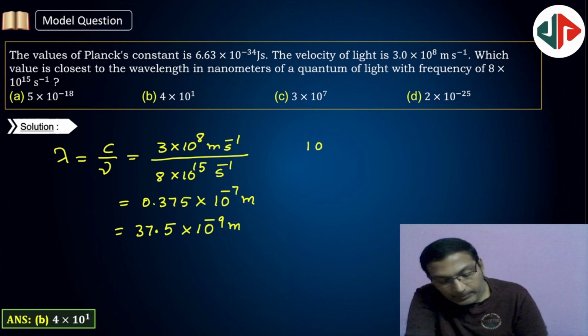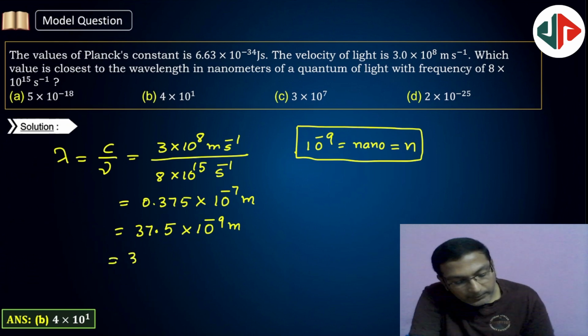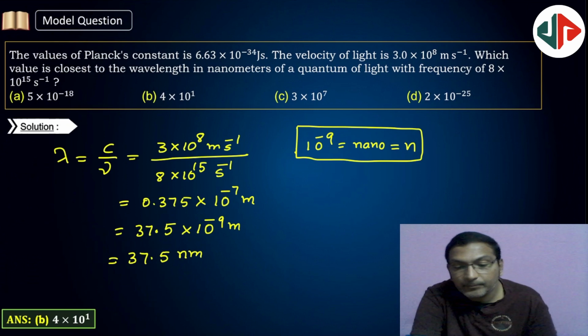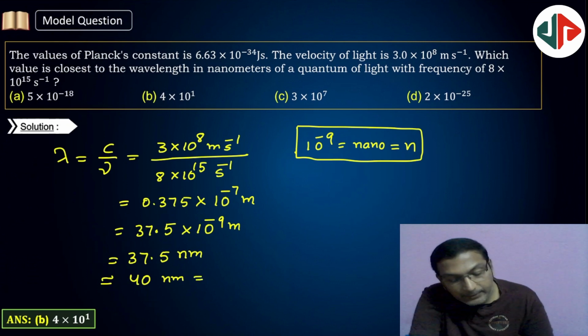So we know 10 power minus 9 is nano, that is n. Therefore, wavelength will be 37.5 nanometers. So approximately 40 nanometers, you can write 4 into 10 power 1 nanometer.